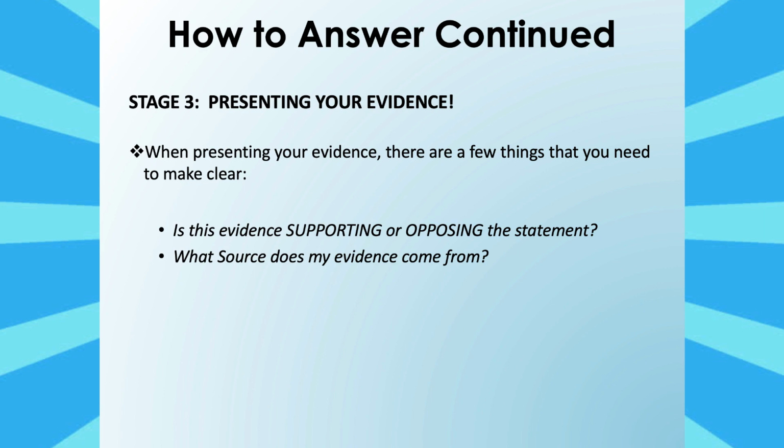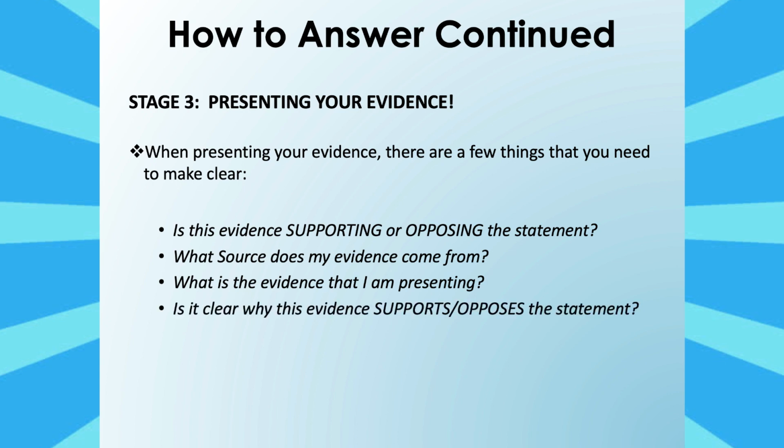You need to say what source your evidence comes from. That's a really important point that often can get missed. You need to say, what source does your evidence come from? You need to actually show what your evidence is. What is it that you're presenting? What is it that you've taken out of one of the sources? And you need to say, is it clear why this evidence does support or oppose the statement?